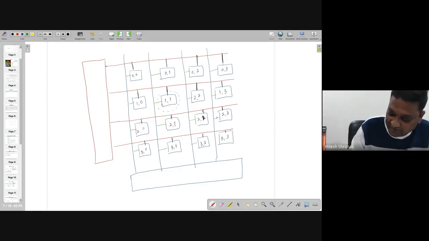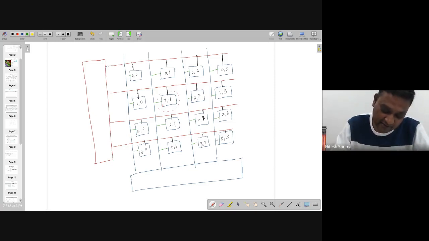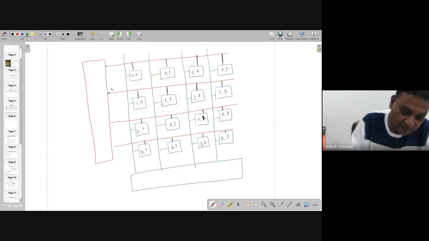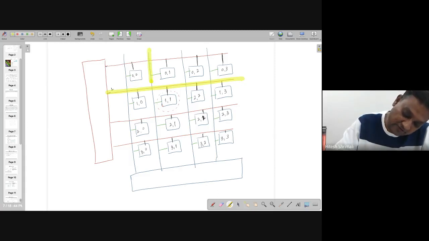So it's a big matrix over here. Now, if I want to write or read something at this circled circuit, then I need to make sure that this has to be digital logic 1. This has to be digital logic 1. And at the same time, this also has to be digital logic 1.